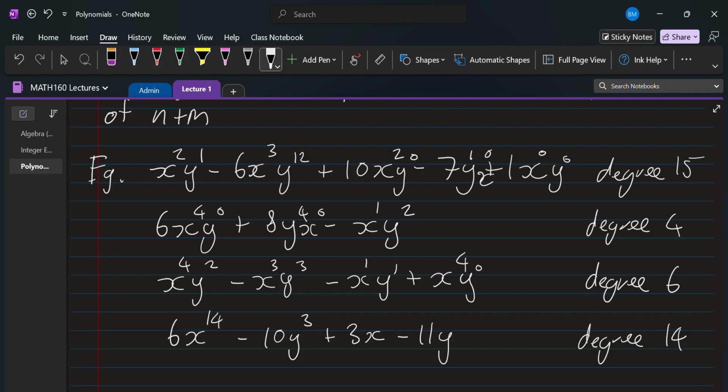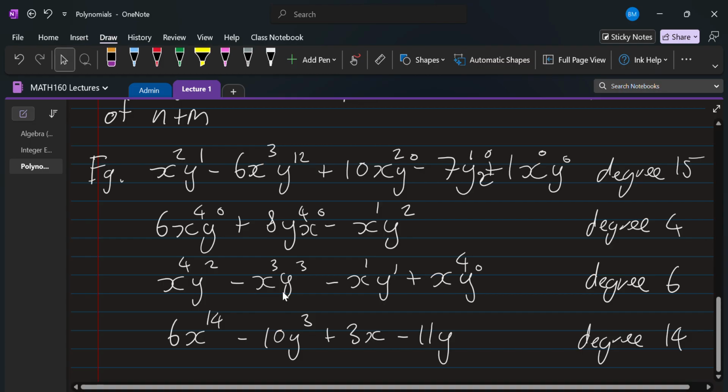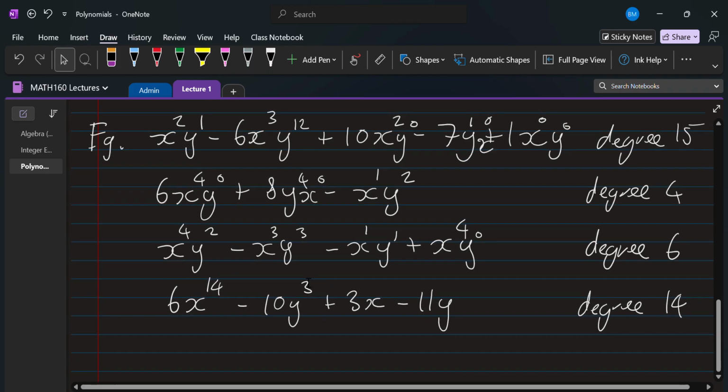Okay, easy so far? Okay. Next one, 6x to the 14 minus 10y cubed plus 3x minus 11y. Okay. First term is x just by itself, but if we look at the other terms, we see that there's y's as well.